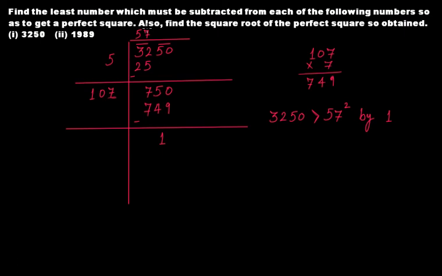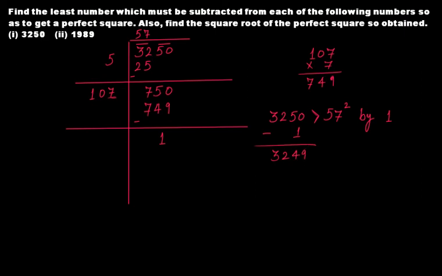If you get the remainder 0, then the quotient tells you the square root. But in this case, this 1 tells you that this number is greater than 57 squared by 1. So if you subtract 1 from this number, you get 3249.